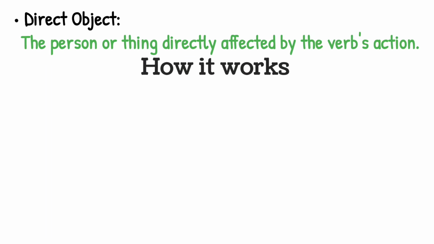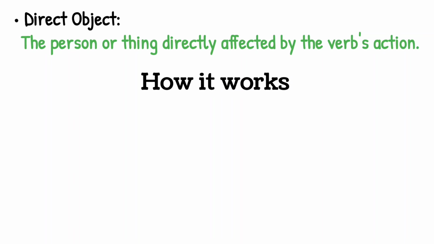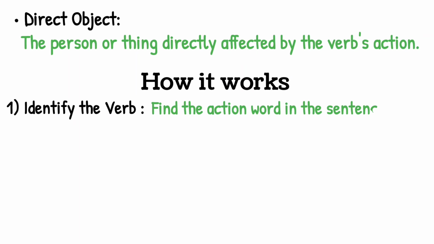Now you will learn how it works. First you need to identify the verb. Find the action word in the sentence. To find the action verb in a German sentence, look for the word that expresses what the subject is doing. Secondly, you have to see what action is being taken and for whom.